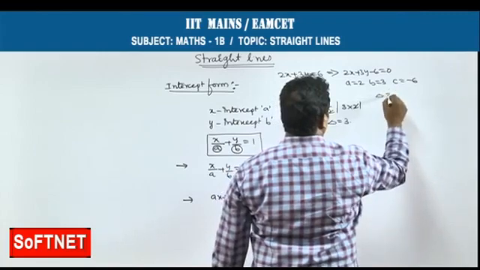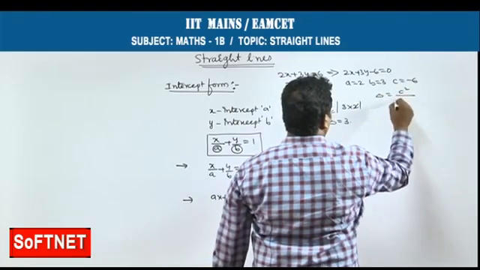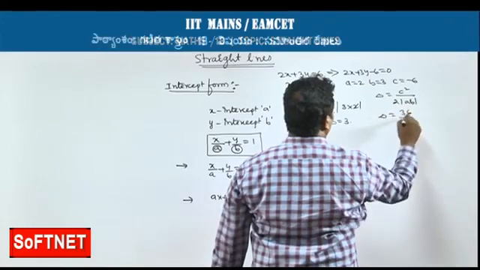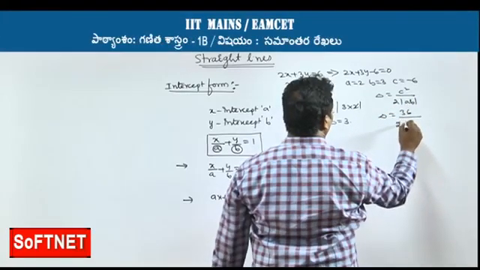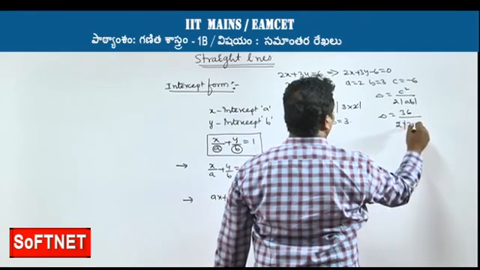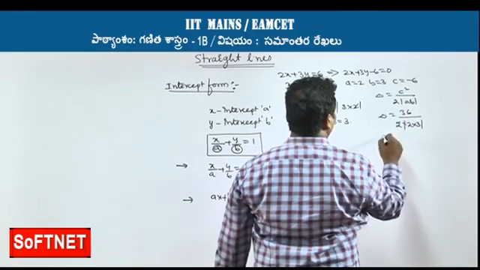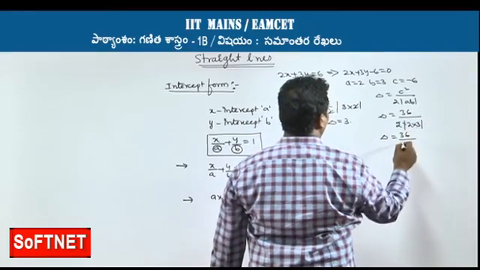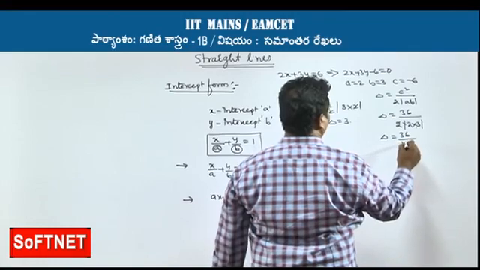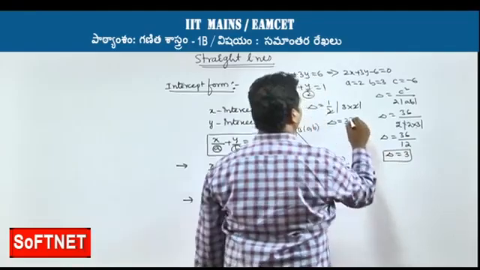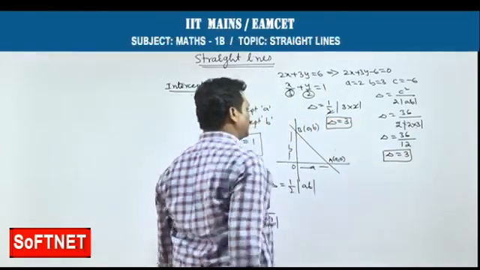So here area of the triangle is delta equal to c square by 2 into mod AB. So here delta is equal to 36 by 2 into mod AB, where a is 2 and b is 3. So delta is equal to 36 by 12. So here delta is equal to 3. Area of the triangle is 3. Here also the area of the triangle is 3.